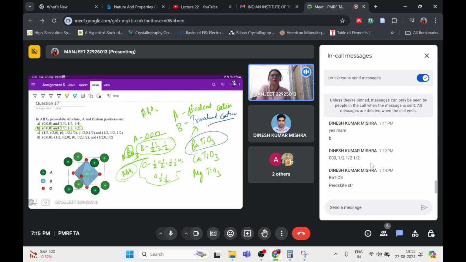And there are some niobates also. There are niobates that also occupy the perovskite structure.